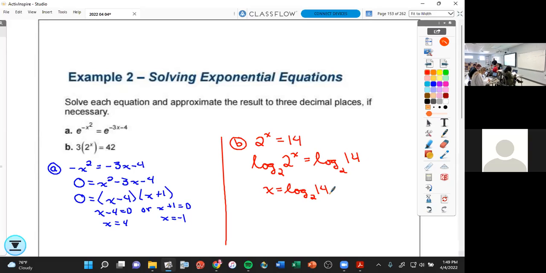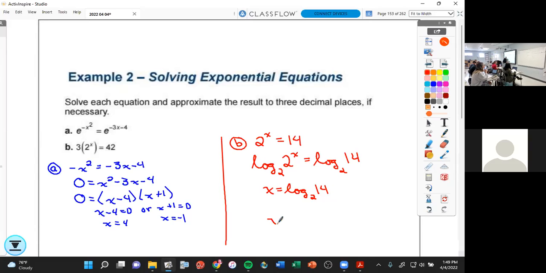Now at this point, I could type that in the calculator exactly like it is and get an answer. Or we can use change of base. I like to be lazy. So if I'm doing a change of base, I'm always going to convert to natural log because that's only 2 letters and log is 3.